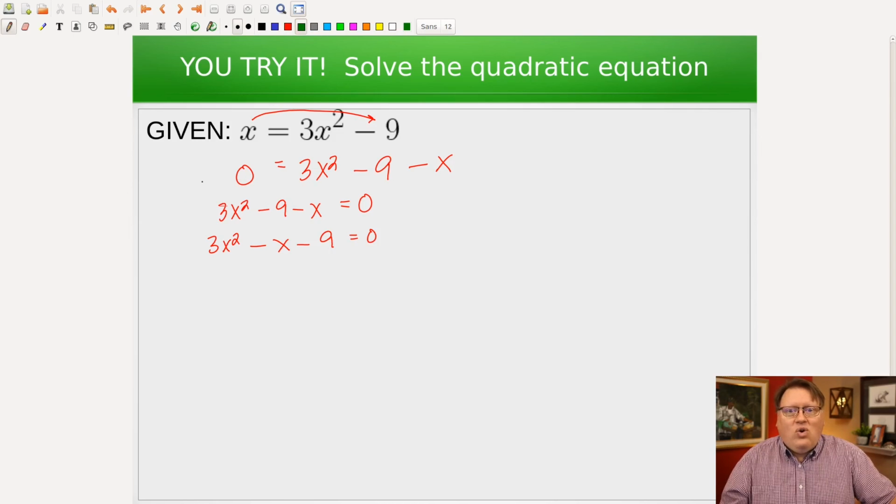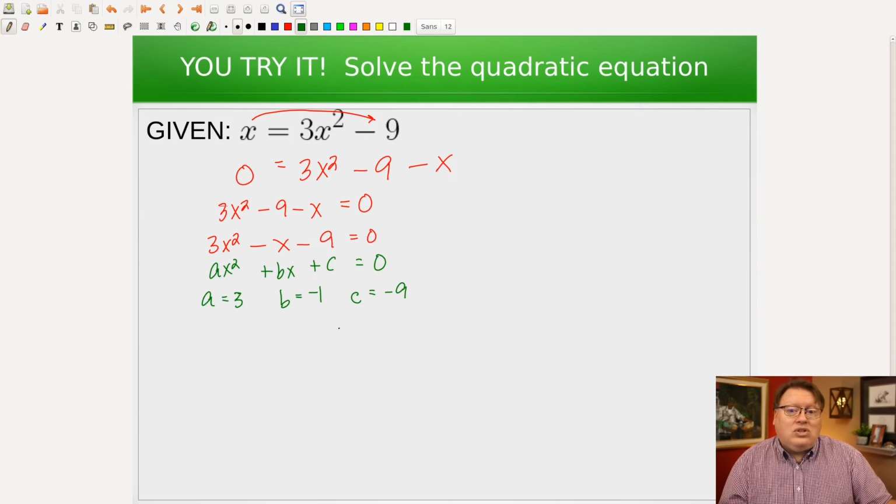Now I can look at ax squared plus bx plus c is equal to 0 and pull my coefficients. A is equal to, ooh, I'm in a rut. I'm writing 1 and it's not a 1. It's actually a 3 this time. Then my b is equal to negative 1, and my c is equal to negative 9.